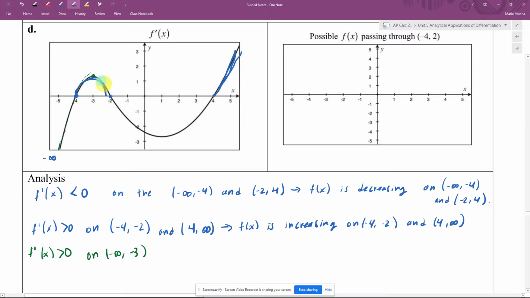And then it's decreasing here, stops there, and again starts to increase from positive 1 to positive infinity. So what this tells us about f of x is that it's concave up, right? It opens up on negative infinity to negative 3 and at 1 to positive infinity.